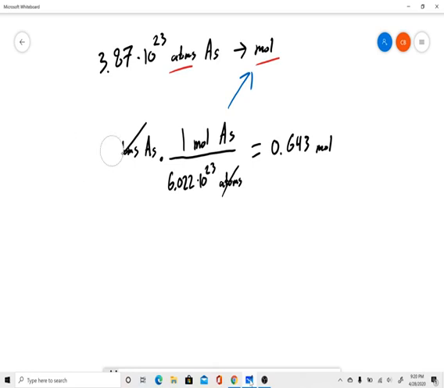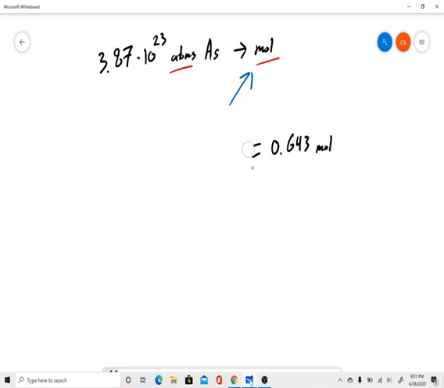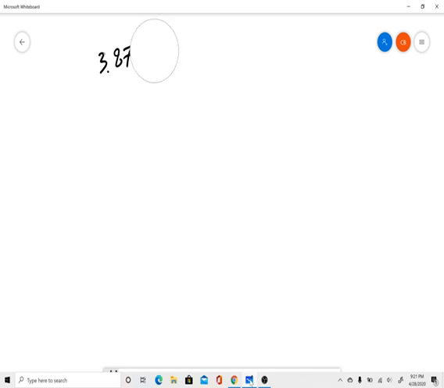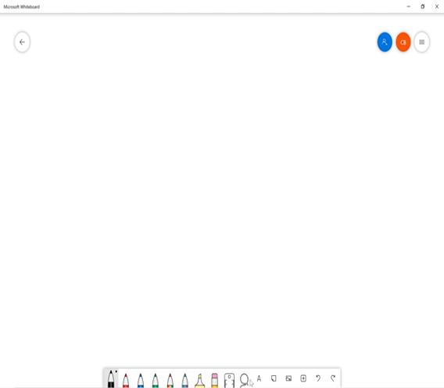Let's see, 56 grams of copper. Let's do this conversion. Wrap up this video. Here we go. 56 grams of Cu.